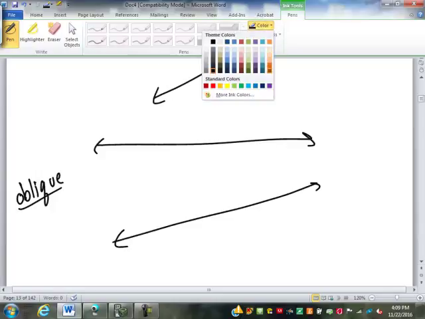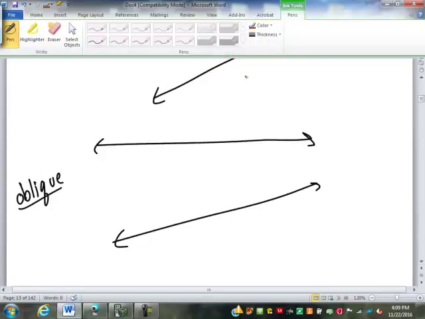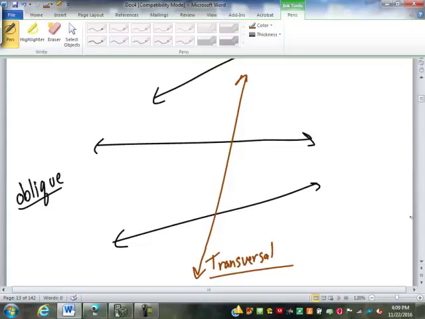Anytime I have 2 lines that I'm looking at, I take a 3rd line and cut it across those 2 lines, that 3rd line is what we call a transversal. To transverse means to cut across or to go across. A transversal goes across or cuts across at least 2 other lines or more.